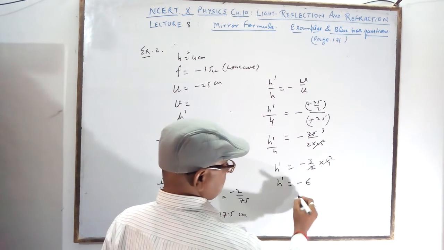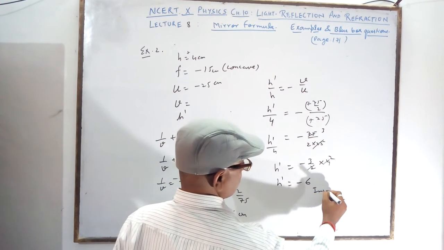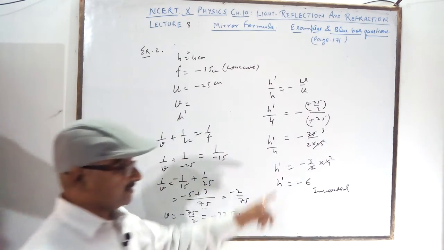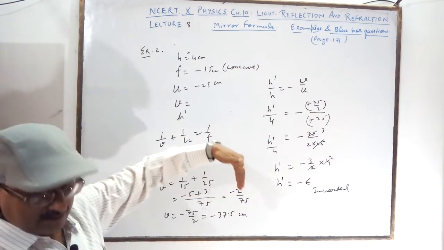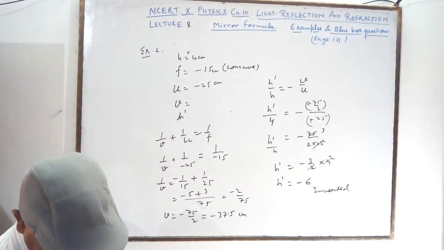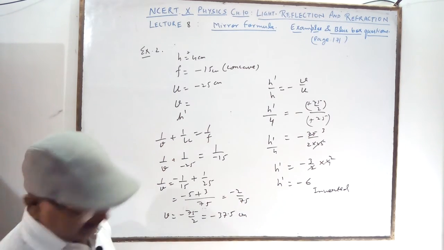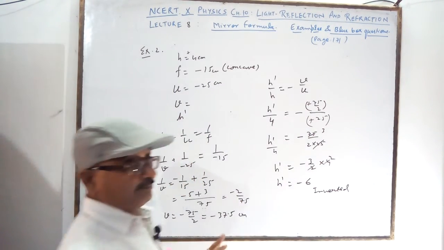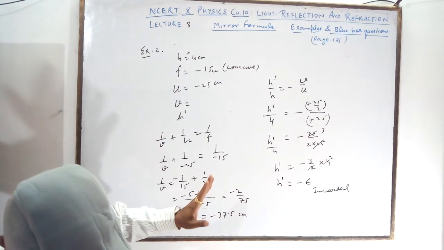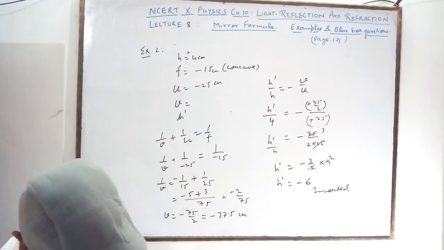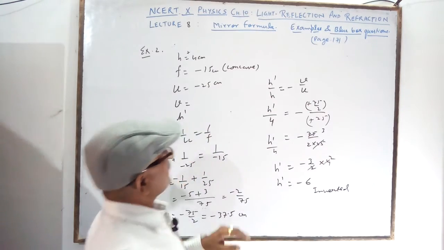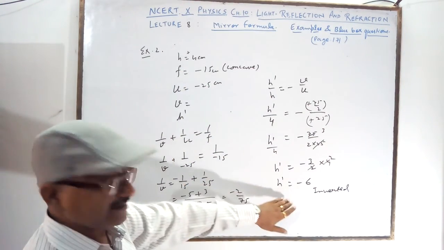H dash is minus means inverted. What you are getting? Inverted image you are getting. Negative sign means downward only. Inverted image, and it is larger than the object. What are you getting? The image is inverted and enlarged. Enlarged why? Because here it is 4 and it is 6.